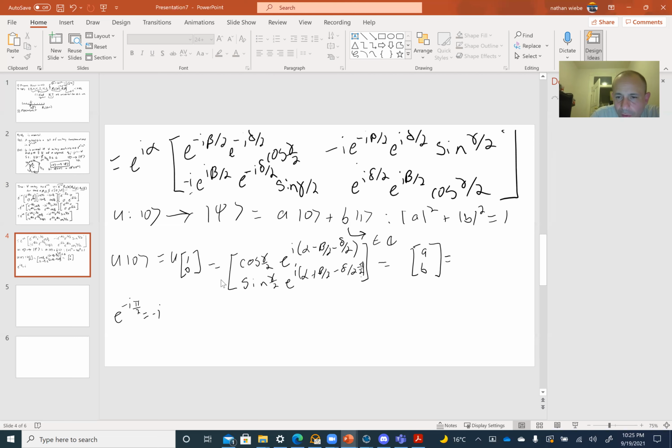Now, I'm going to further define this to be equal to, without loss of generality, absolute value of A e to the I theta A, absolute value of B e to the I theta of B. And so this is just taking advantage of the fact that complex numbers can always be written in polar form.